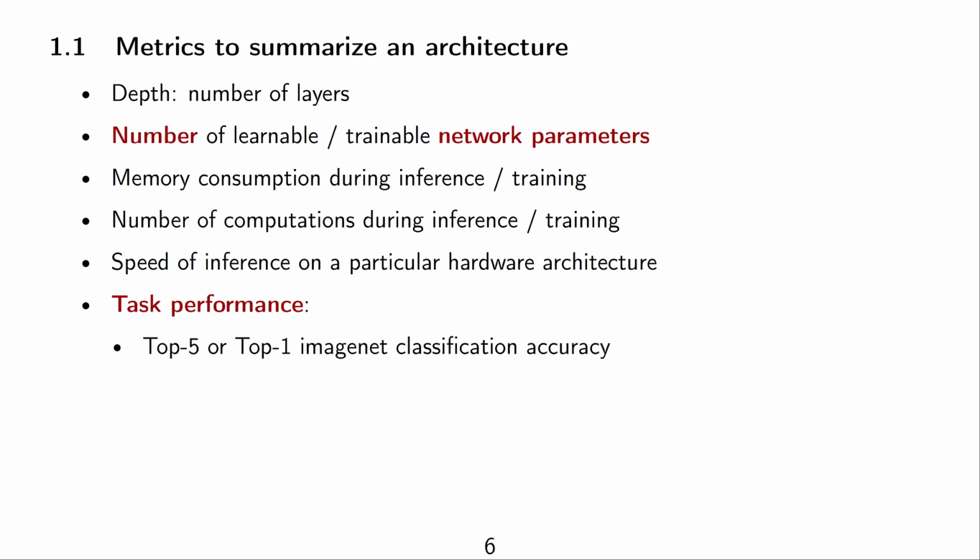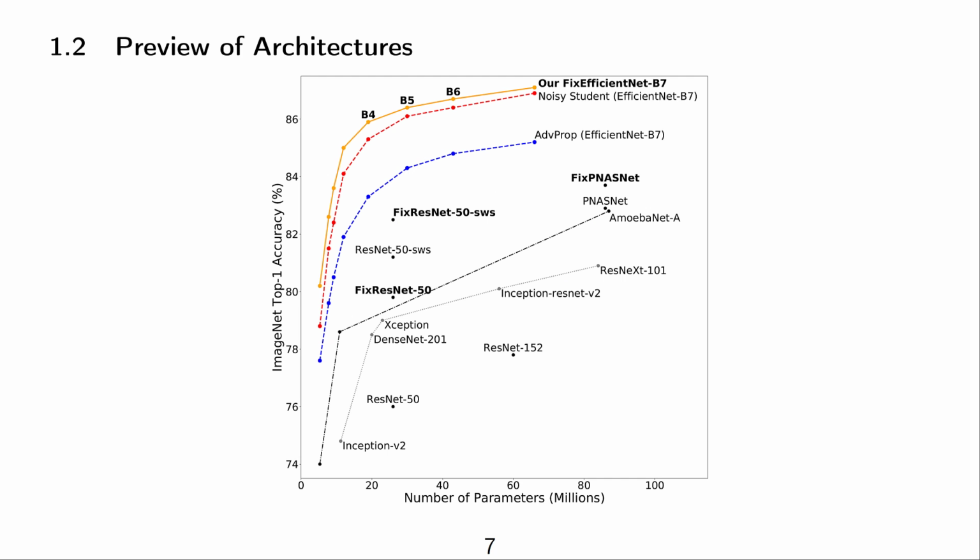In the beginning, many architectures reported top 5 accuracy because top 1 was too difficult, but in recent years, people switched to reporting top 1 accuracy on ImageNet. So here is one example graph that plots architectures evaluated based on these two metrics.